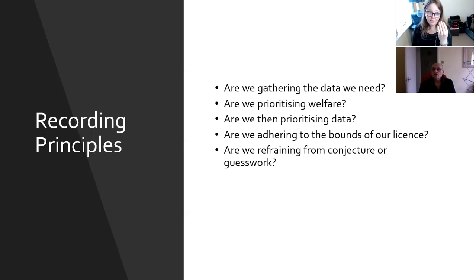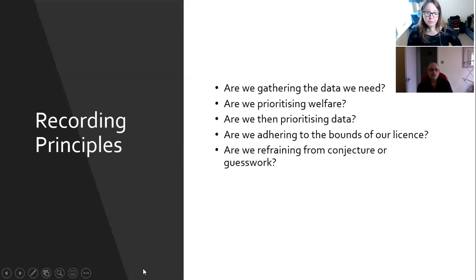Then, if the bat is continuing to not be stressed and is okay, we'll do things like biometrics. So at every stage of recording bats, as we go through our project, we are assessing the stress levels of that animal, and every single step of the way you're making that judgment as to whether it is worth the data, the stress that we're causing. Because of course, any time you handle a wild animal, it is under some stress.